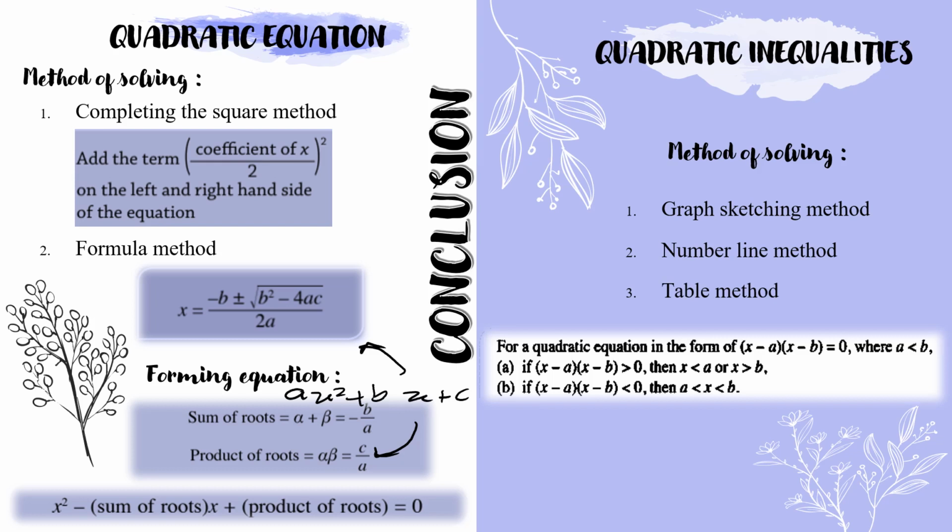Okay, for quadratic inequality in the form of x minus a, x minus b, if more than 0, so your range should be x less than a or x more than b, where a less than b. Or if your question is less than 0, and then your final answer should be x is in between a and b.